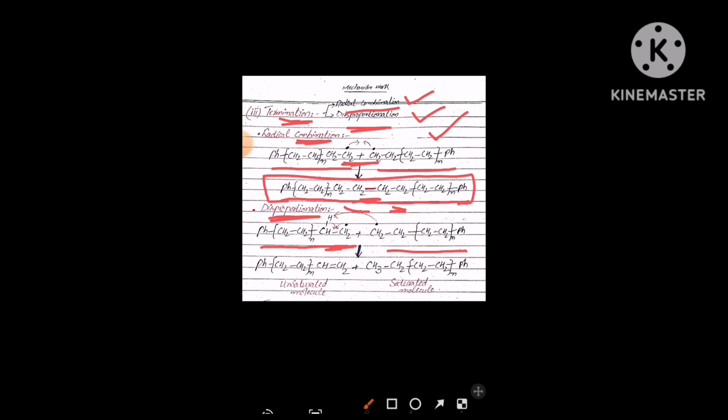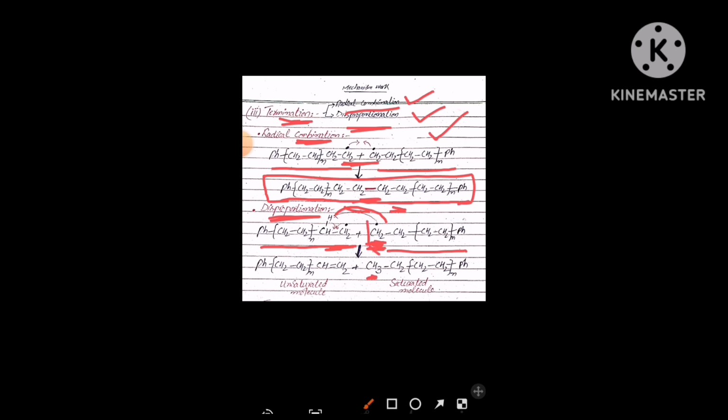Students, if this terminal carbon free radical attacks this hydrogen, it will grab this hydrogen. If this CH2 picks this hydrogen and this hydrogen leaves its radical on the carbon chain, it will convert into CH3, the chain is terminated, and the free radical is reduced.